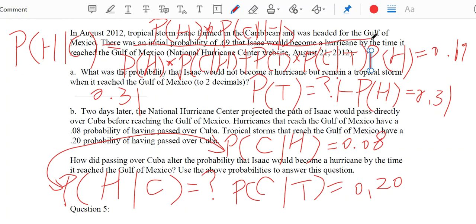So we know the probability of H is 69%, and the probability of C given H is 0.08. We also know the probability of T is 0.31, and the probability of C given T is 0.20.